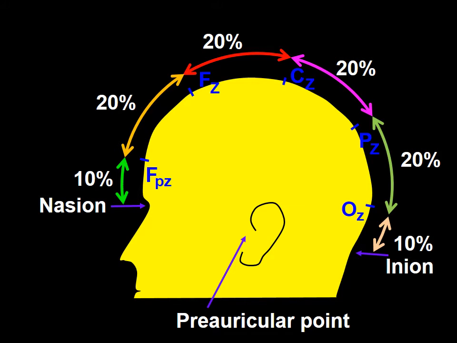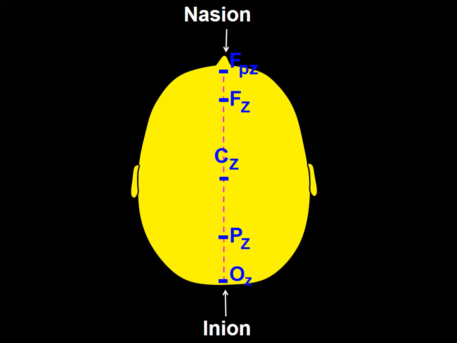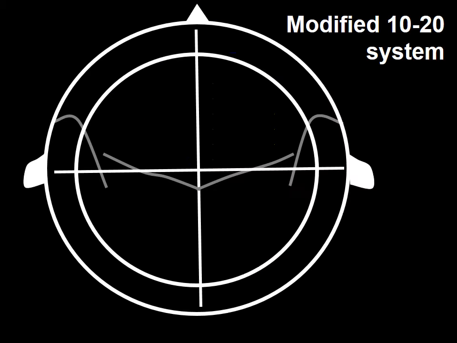That is 10% of the total distance. So looked at from above, the head should look as in this picture. And in the imaginary diagram of the head we made initially, it would look as it does in this frame, with 5 potential sites for electrodes.